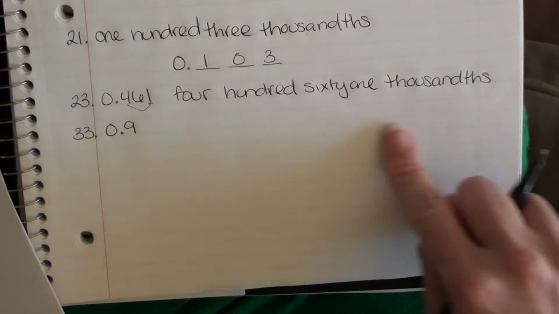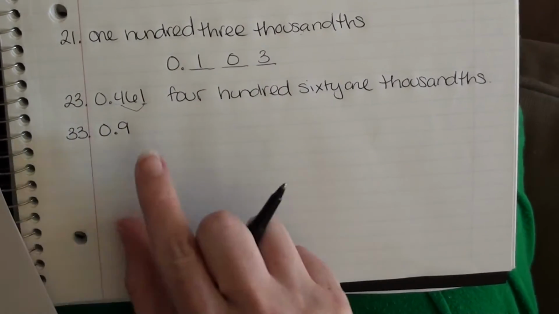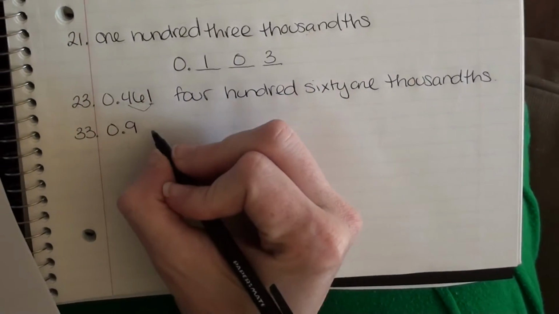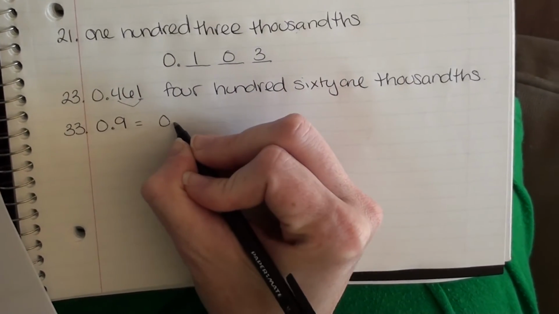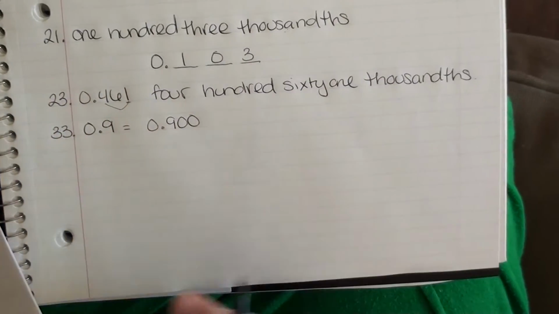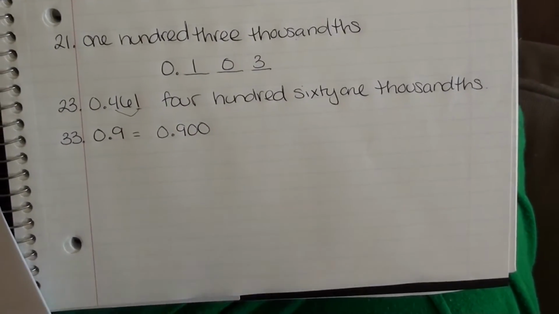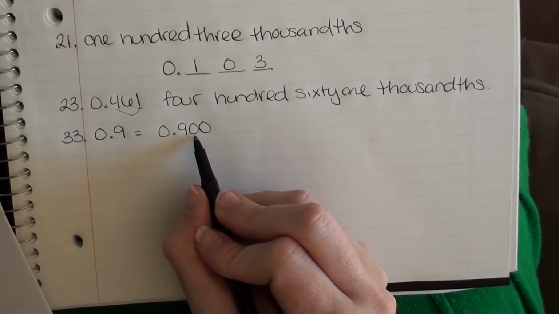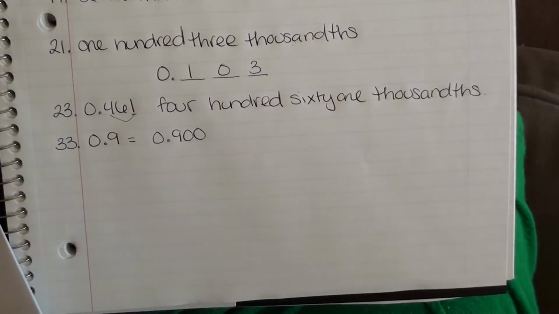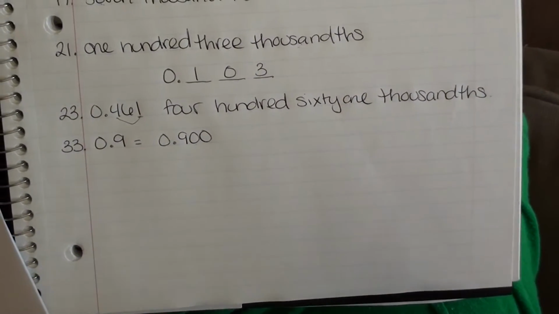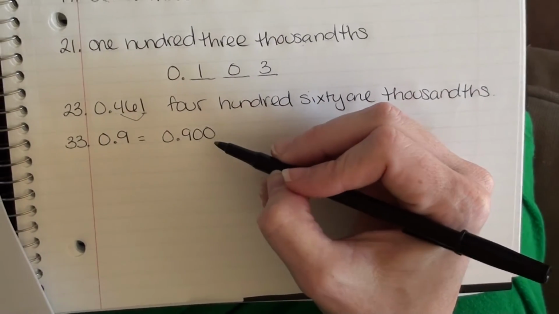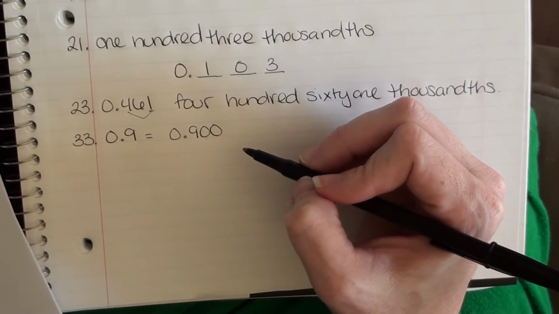So I could put 10 zeros after this and it will still equal this number. So I'm just going to write 0.900. You can write 10, you can write 5 zeros, it doesn't matter as long as you're only adding zeros. If I add a 2 or a 4, it's not equal anymore. It just has to add zeros, okay?